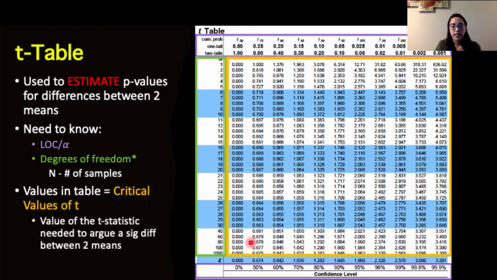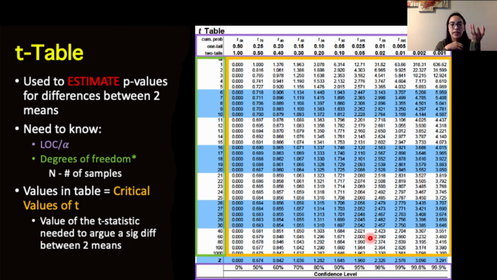The values in the actual table, so the rest of the space that we haven't discussed yet, are our critical values of t. Now, a critical value is basically telling us the value of the t statistic needed to argue a significant difference between two means. So back a few slides ago, I showed you guys how you would calculate t, right?